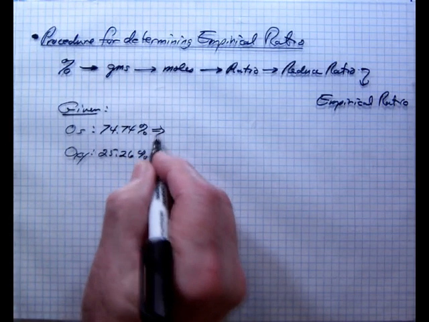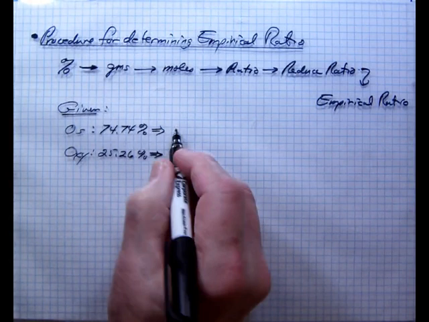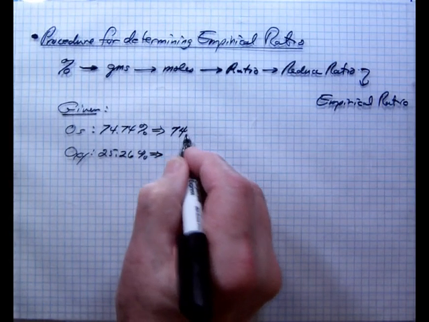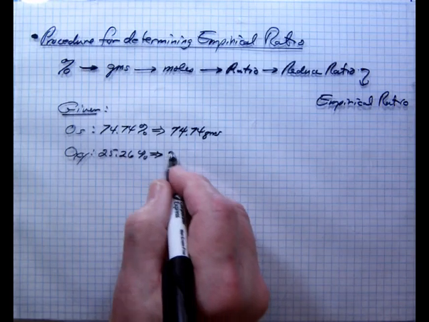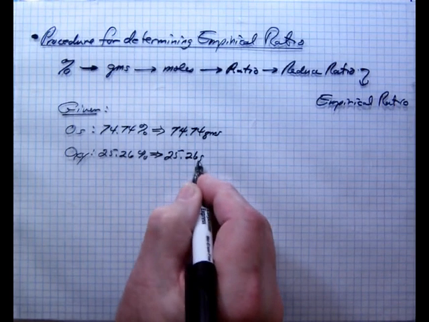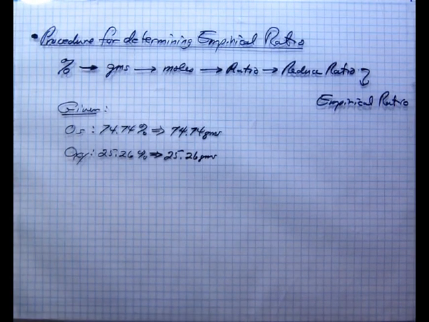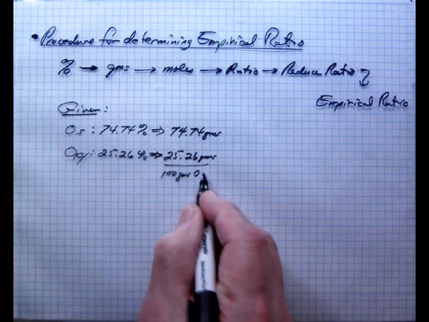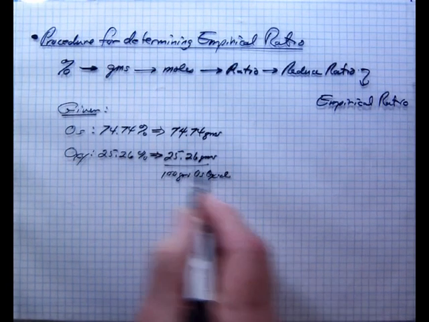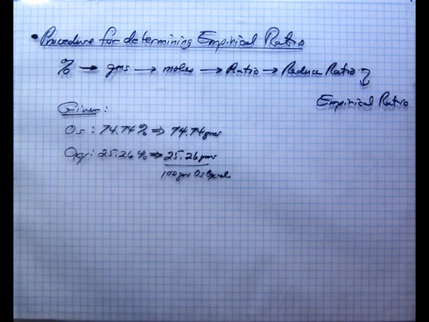Draw a little if-then arrow and just drop the percentage and put grams. Drop the percentage on oxygen, grams, because you're working in grams per hundredweight. And we just determined that if I had 100 grams of osmium oxide, that's the grams I'm going to have in osmium and oxygen.